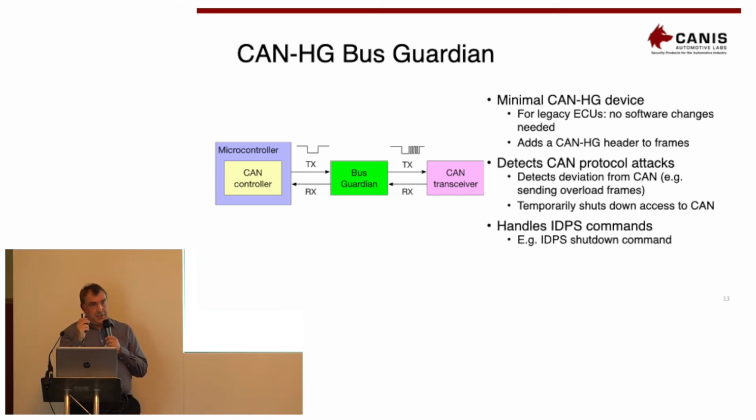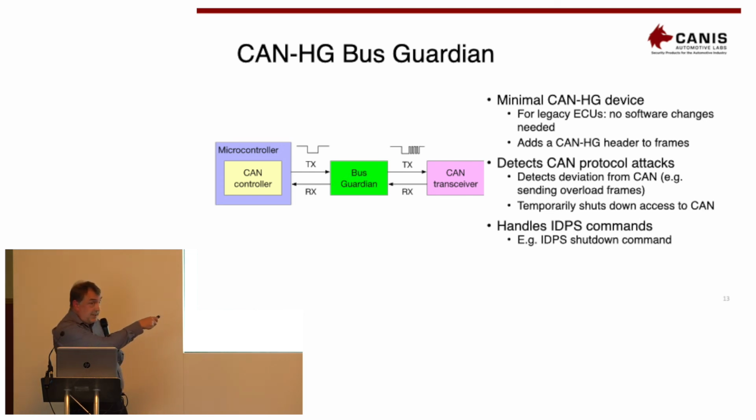So the bus guardian stitches in, this is where this CAN frame came from. So the existing CAN software ran into an existing CAN controller on your existing chip on your existing ECU, and it then went through a little tiny chip on the outside of the microcontroller and stitched in where it's come from. And then the intrusion detection system knows where it's come from, can detect all the spoofs, kill them, and then tell this thing to disconnect the microcontroller from the CAN line.